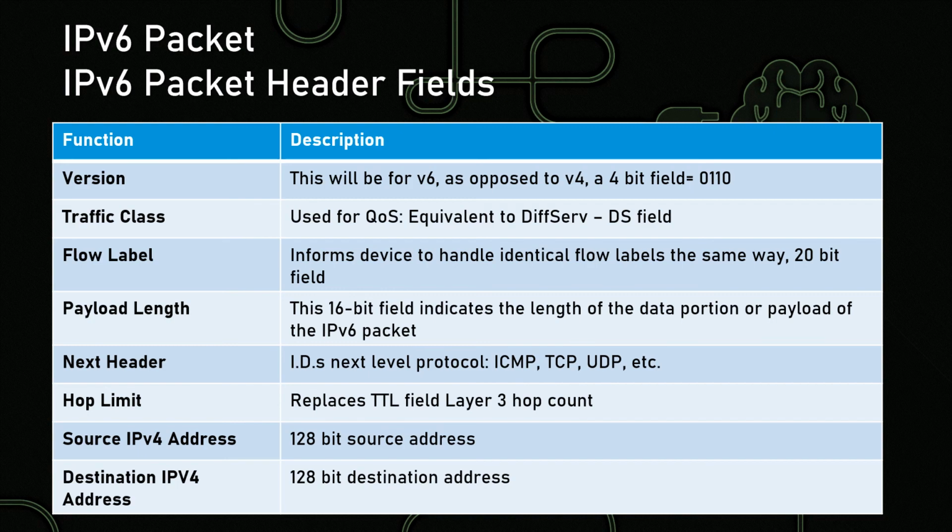The next header field tells us what our next level protocol should be at layer 4. The hop count has been replaced with the hop limit. TTL has gone away. Source and destination IPv6 addresses are now going to be transposed as well. I apologize for the graphic reading IPv4, it should say IPv6, but the bit length in the description is correct.